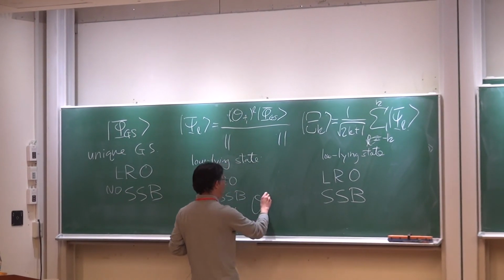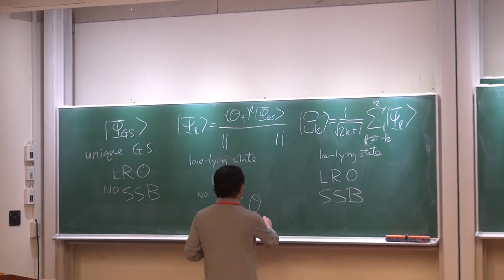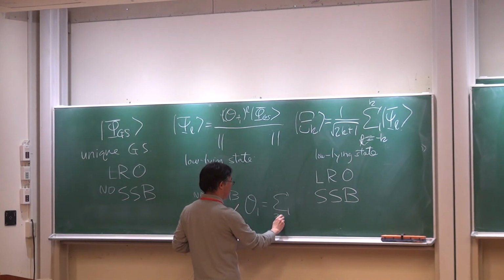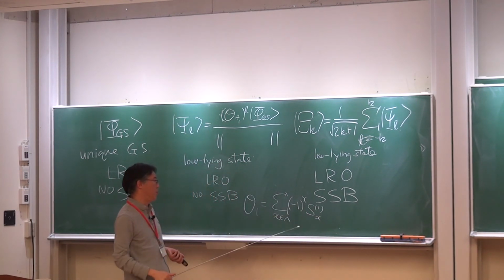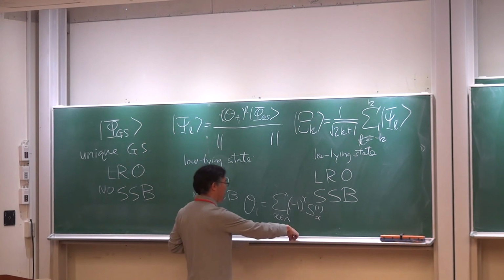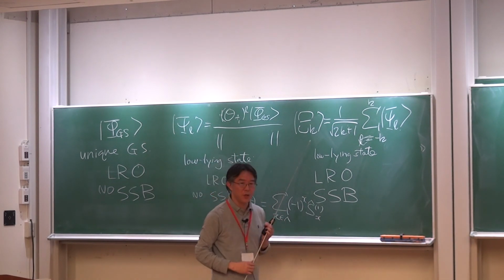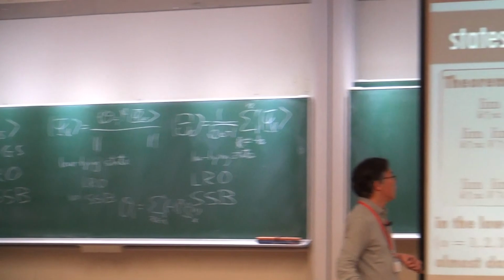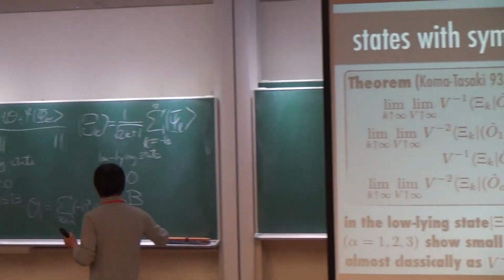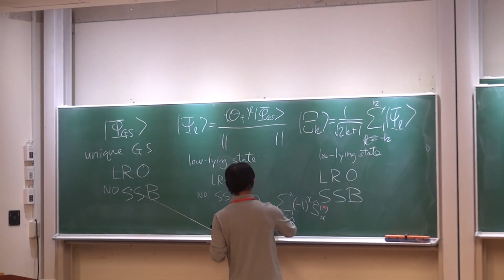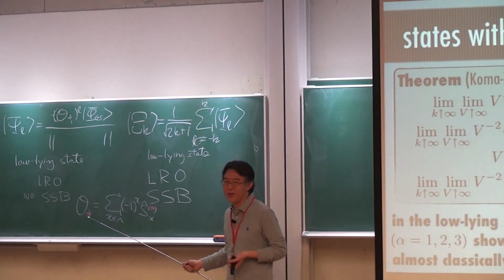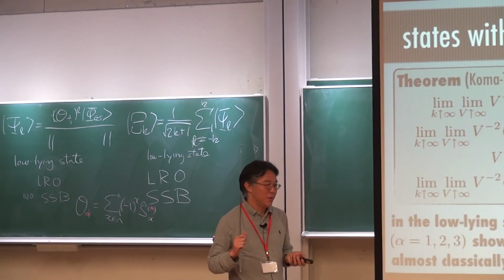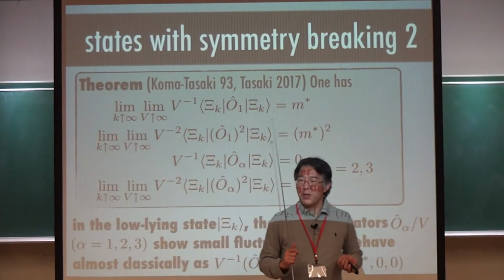O1 is simply the sum of all the spin operators, with the status. So O alpha, with alpha equal to 1, 2, 3. This is an SU(2) or SO(3) problem, so this is an order parameter for SO(3). Okay, can I go on?